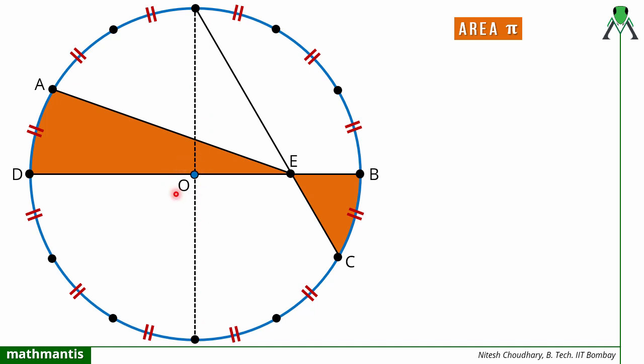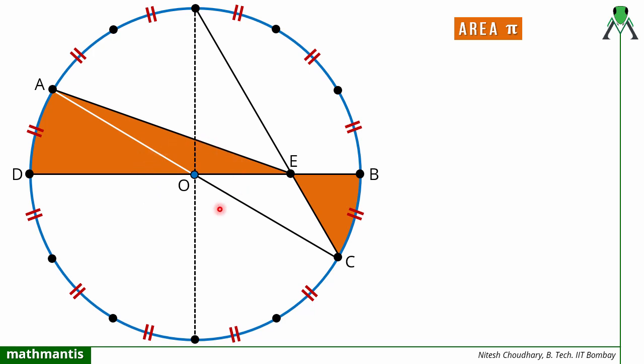So now I will draw the line joining the center of circle to point A and point C. We see that this arc length is equal to this arc length, so the angle at the center of circle of both the arcs must be equal. And we also see that there are a total of 12 equal arc lengths, so all the arc lengths will subtend an equal angle at the center.